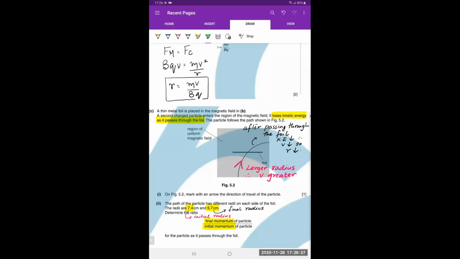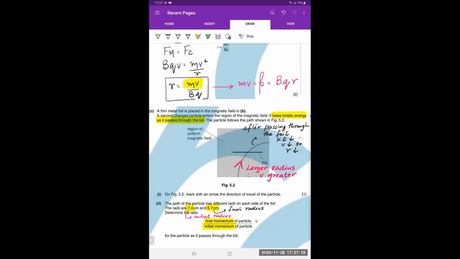So from the formula which I'm circling, if you make momentum the subject, you'll end up getting this answer. mv, which is actually a momentum, can be written as, yes, Rohil has suggested correctly on my screen, b times q times r. So mv, which is momentum p, is equal to b times q times r.